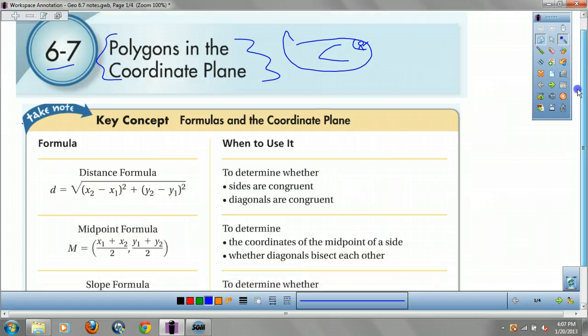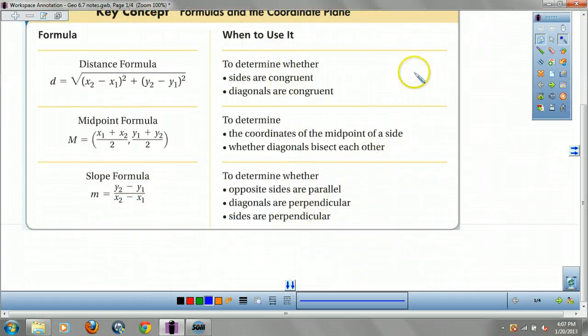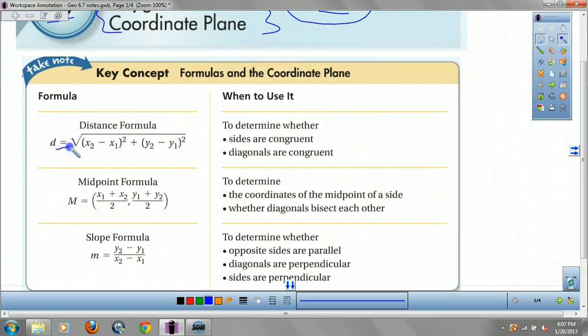Quick review. These three formulas are very important for what we're going to be doing. Distance formula: it's going to be used to determine if sides are congruent or if diagonals are congruent.